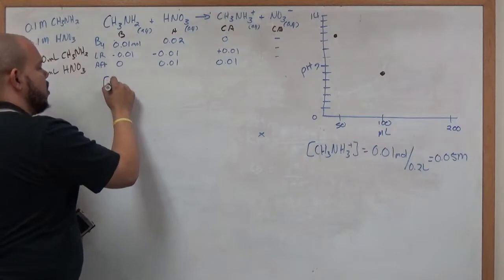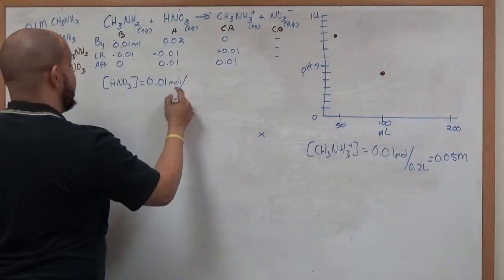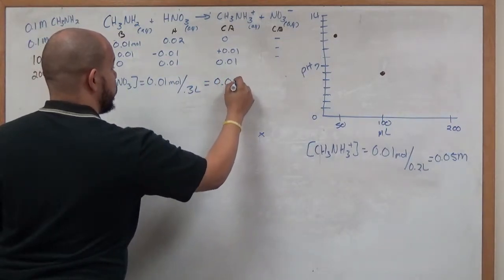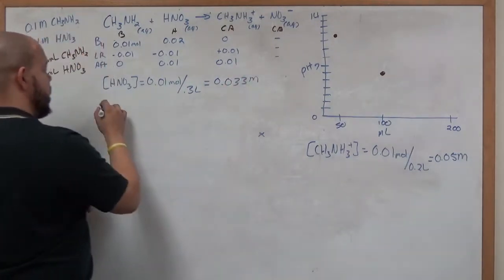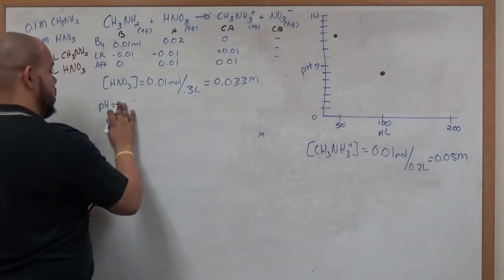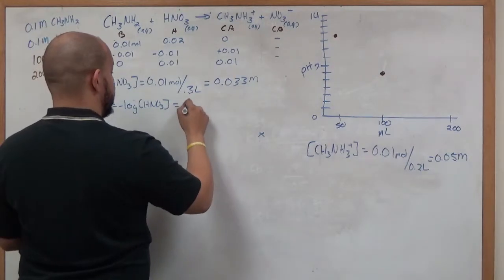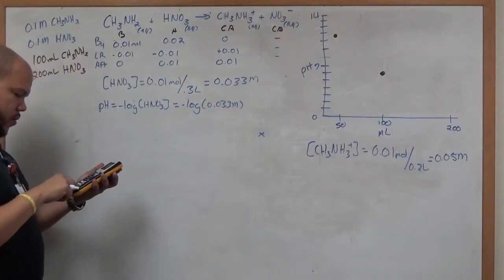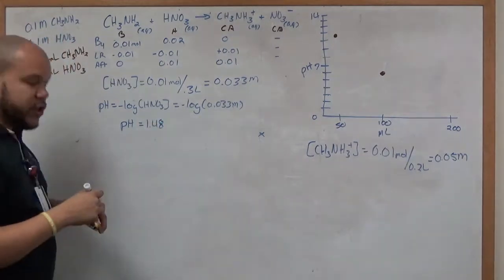So the concentration of HNO3 left is equal to 0.01 moles divided by a total volume 0.3 liters, which is equal to 0.033 molar, which means that pH is equal to negative log of HNO3, which is equal to negative log of 0.033 molar. pH is equal to 1.48, which is what we expect.